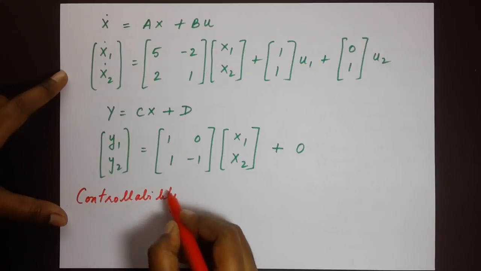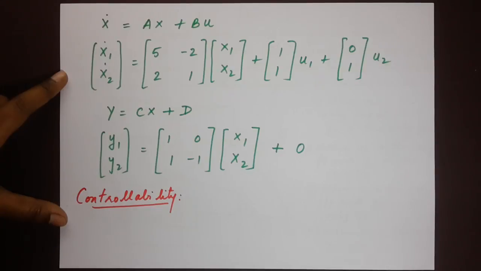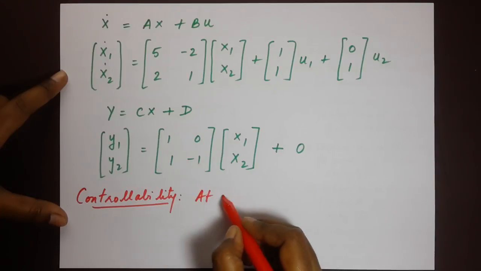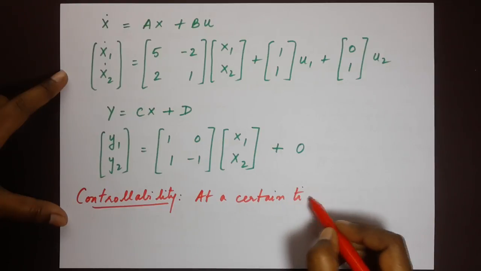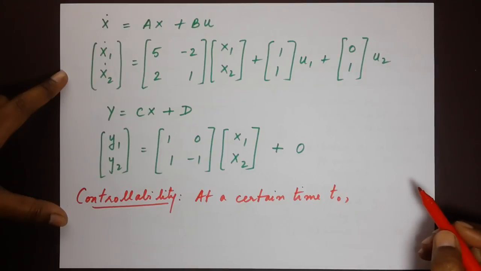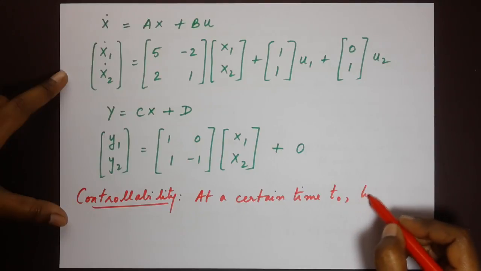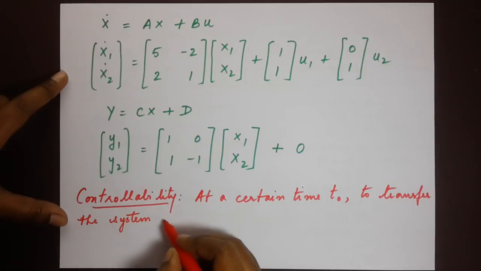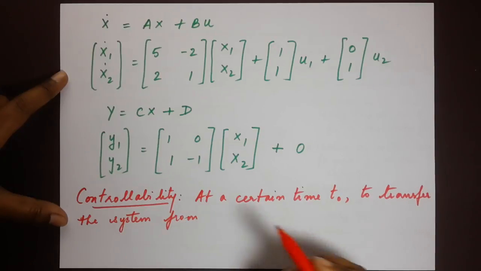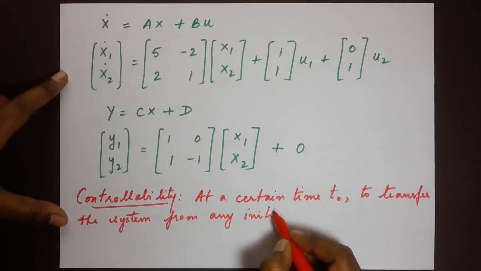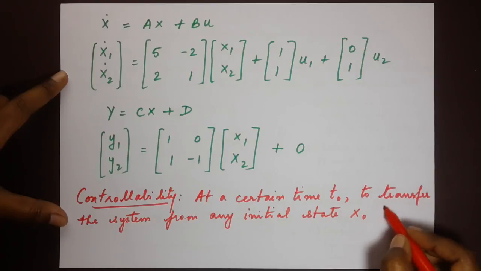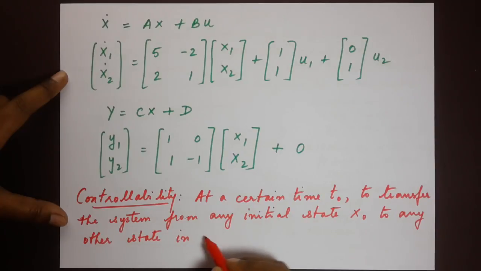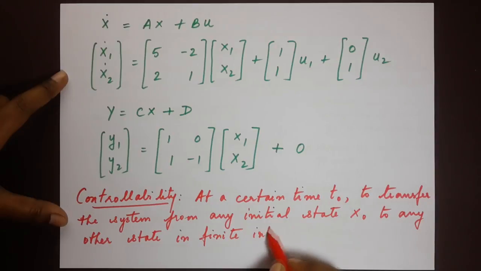Controllability of a system: a system is said to be controllable if at a certain time t, let's take that as t naught, it is possible to transfer the system from any initial state, which we can take as x naught, to any other state in a finite interval of time.